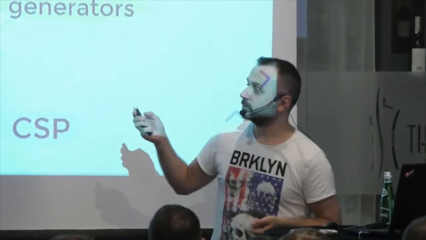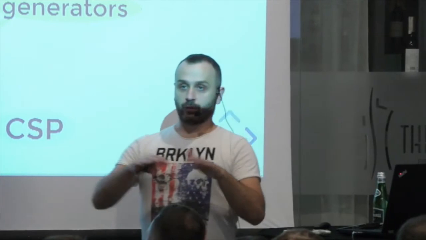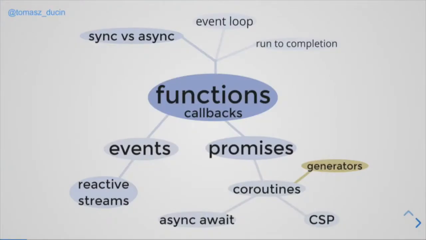Then we can use reactive streams to form bigger, more complicated logic that would be very difficult to deal with if we just fell into callback hell with straight events. So this is the content of the two talks, and I guess we're going to pretty much cover this part today.